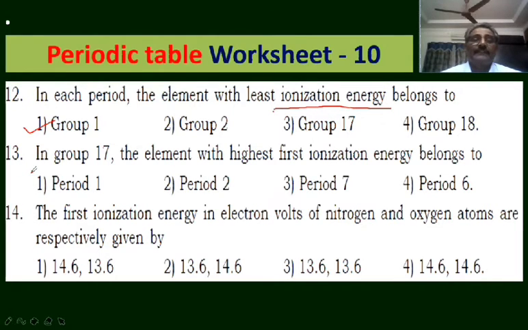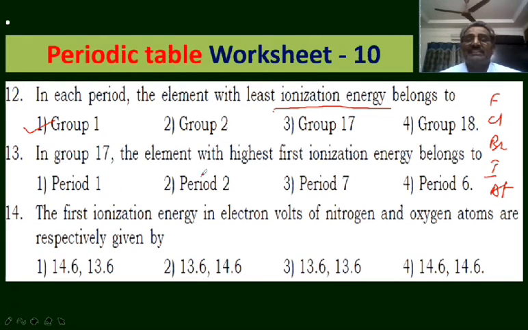13th question. In 17th group, the element with the highest first ionization energy belongs to dash period. What are the elements in group 17? Fluorine, chlorine, bromine, iodine and astatine are the elements in group 17.